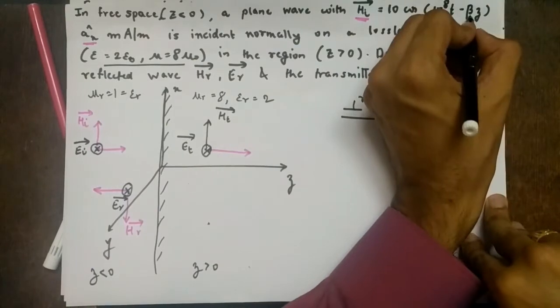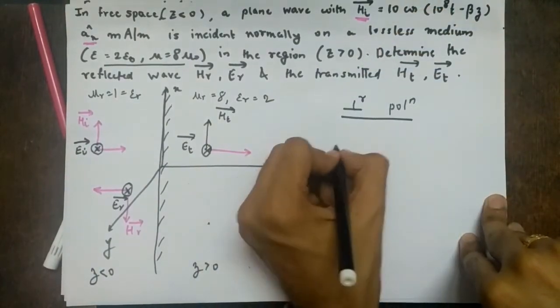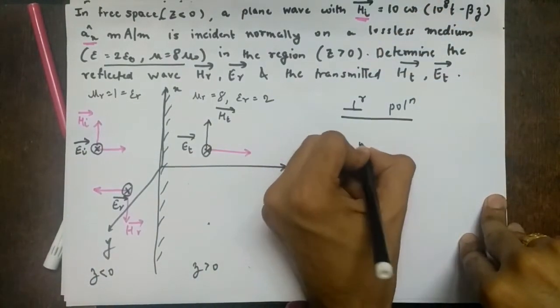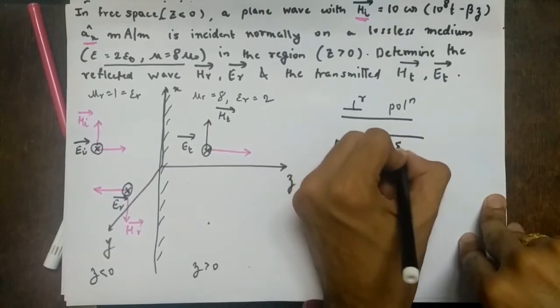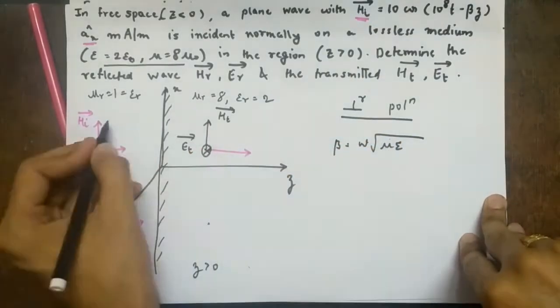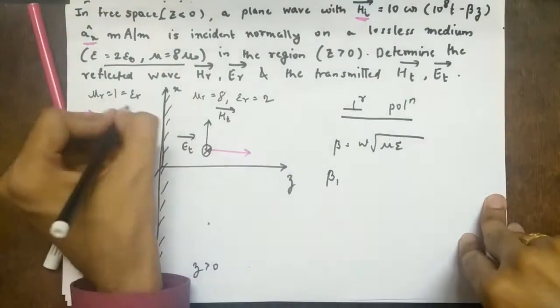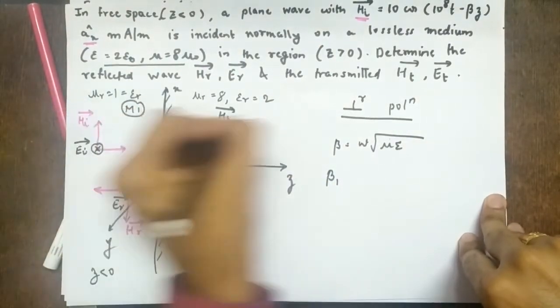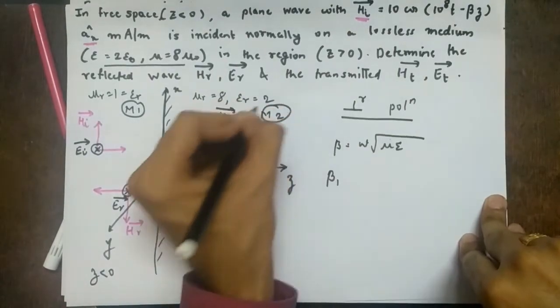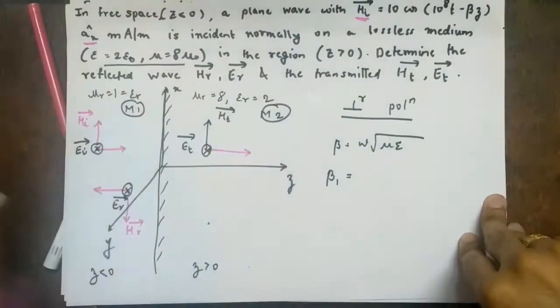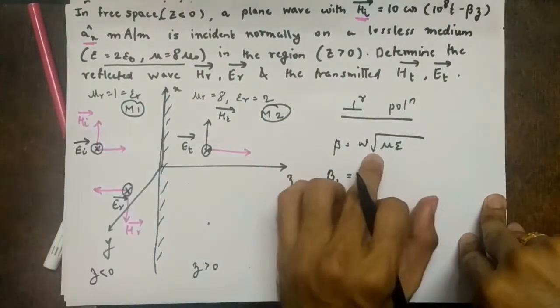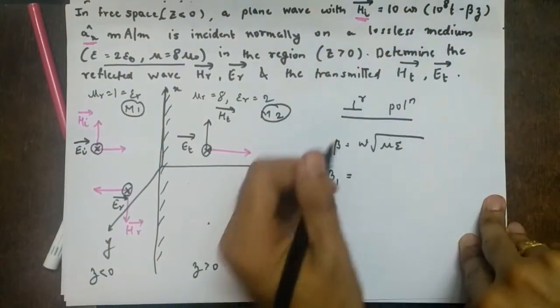So then what do we have to do? First thing is we can find beta. So what is beta? It is omega root mu epsilon. So mu and epsilon are different for different mediums. So we'll have beta 1. Let's say this is M1 and this is M2. So beta 1 will be what? Omega is given, cos of omega t, right?